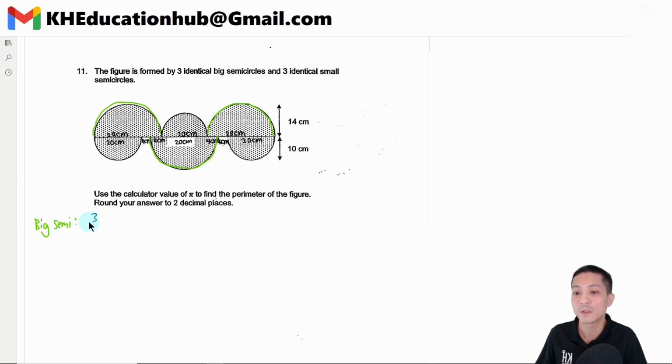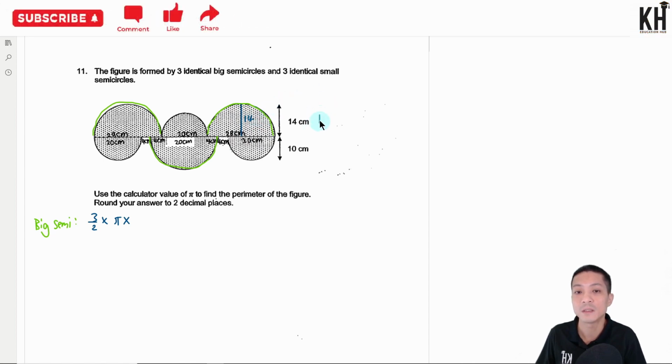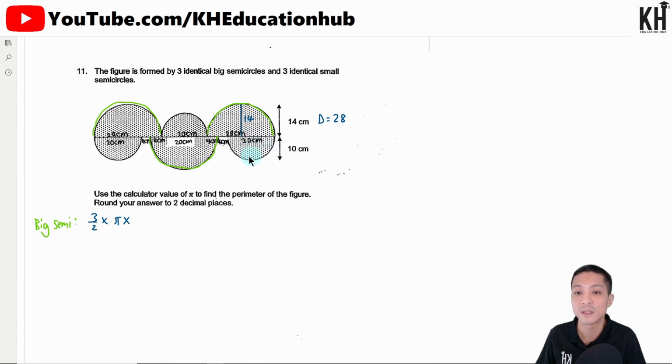I'm going to find the perimeter, right? 3 over 2 times pi times, okay, I haven't figured out the diameter. 14 is the radius, which means that the diameter will be 28. From here to here is 10. This is the radius, sorry.